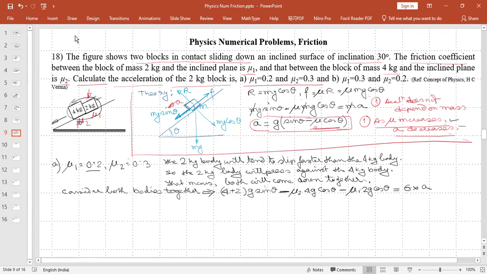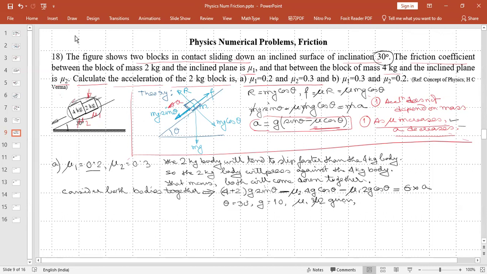In this equation, theta is given as 30 degrees, g is equal to 10, and the values of mu1 and mu2 are given.